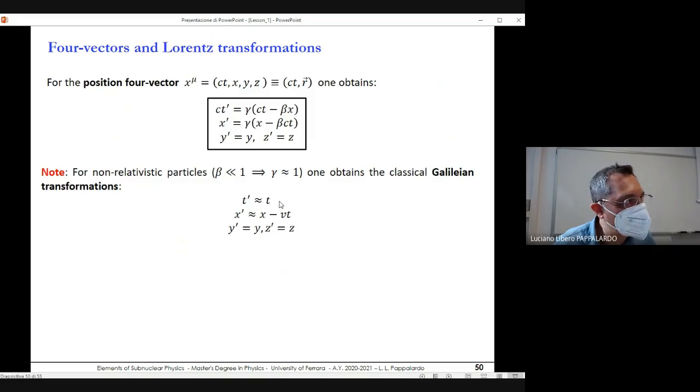It does not depend on your reference frame. And then you get the standard Galilean transformation when, again, you go in this limit. So the Lorentz transformations are, of course, more general. They work perfectly for a highly relativistic object, but they also include the classical Galilean transformation as a non-relativistic limit.